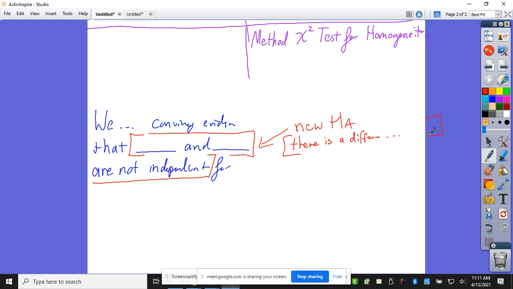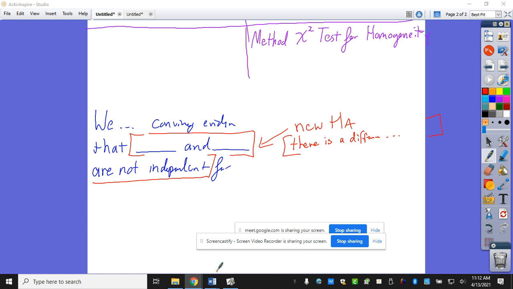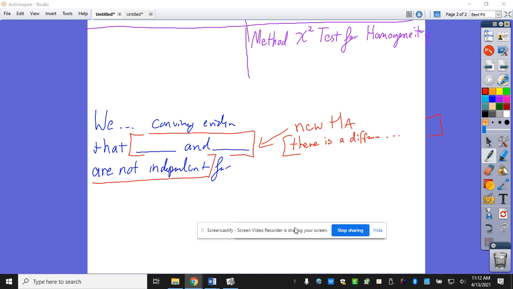Today is going to be, there is a difference in the categorical variable. There's only one categorical variable. It'll say for different populations, and it won't matter what order those are. But for yesterday's, it doesn't matter, correct?